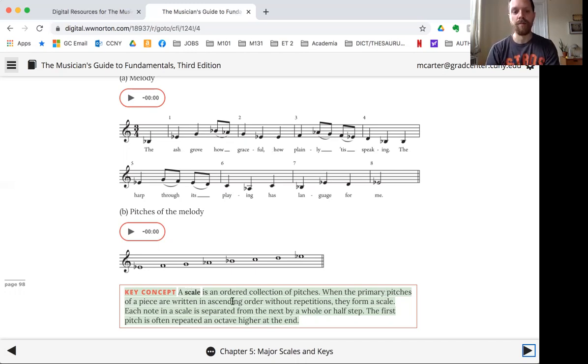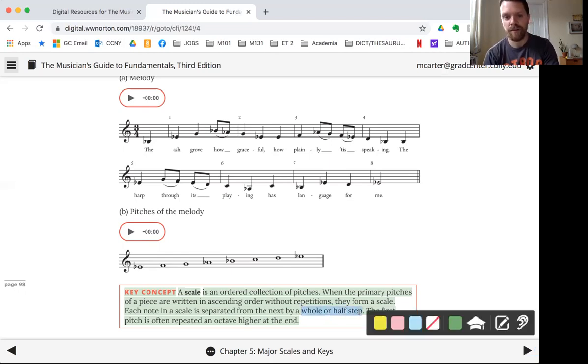When the primary pitches of a piece are written in ascending order without repetitions, they form a scale. Notice right here, nothing repeats except at the very end we have an E flat an octave higher. So it's an ordered collection that doesn't repeat. Each note in the scale is separated from the next note by a whole or half step.